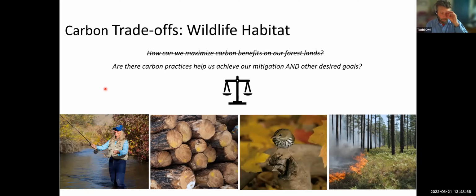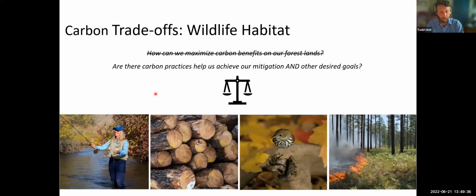And so from that carbon perspective, I think a more relevant question to ask is, are there carbon practices that we can implement that can help us achieve our mitigation and our other desired goals? So, looking for those win-wins. Can we be enhancing carbon stocks while also enhancing ecosystem health? Or are there trade-offs? Can we be enhancing carbon stocks and enhancing water quality protection or water quantity?